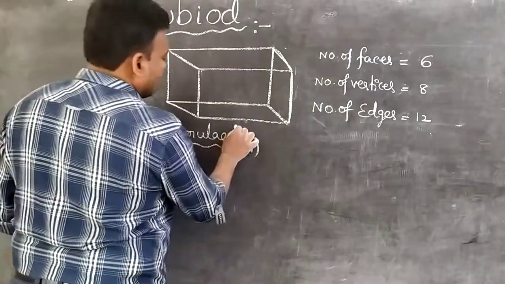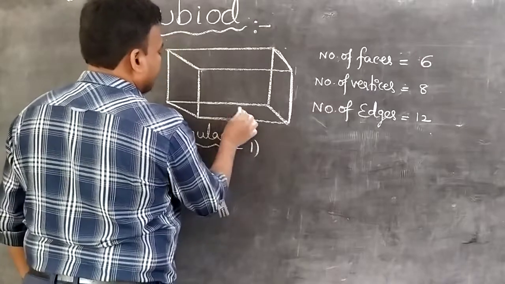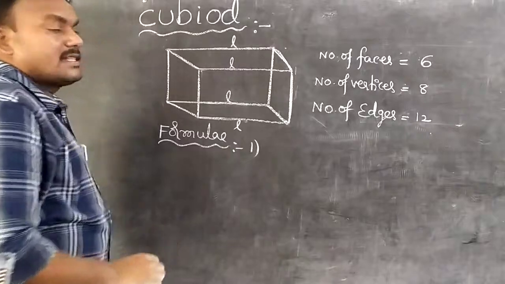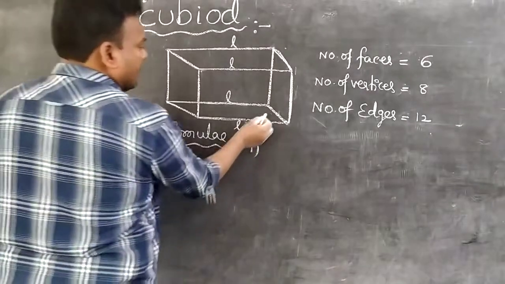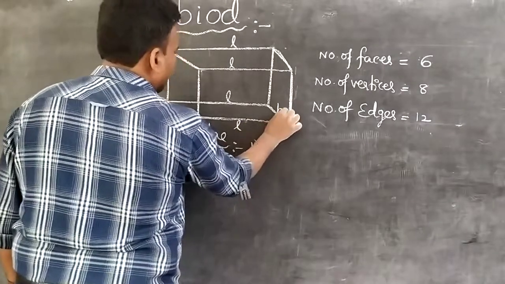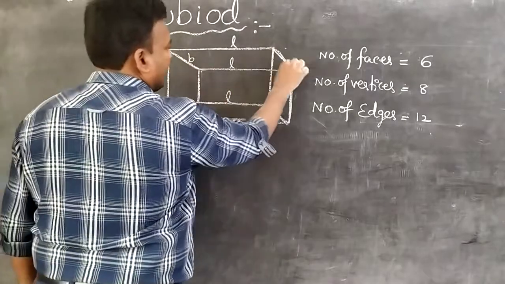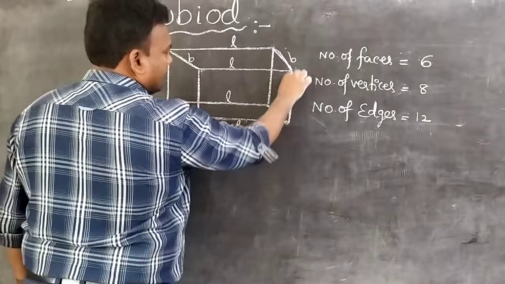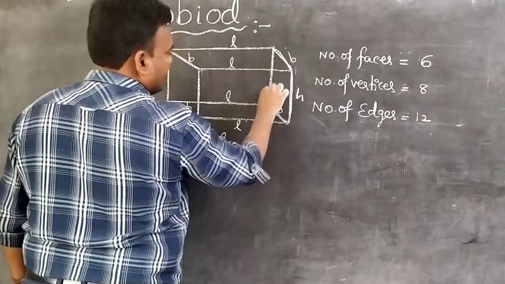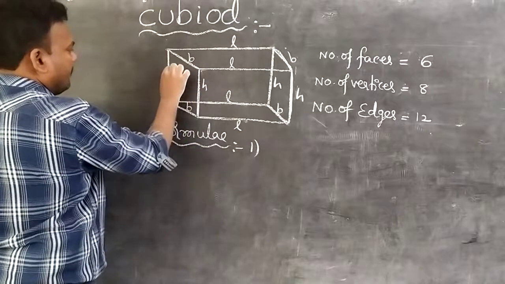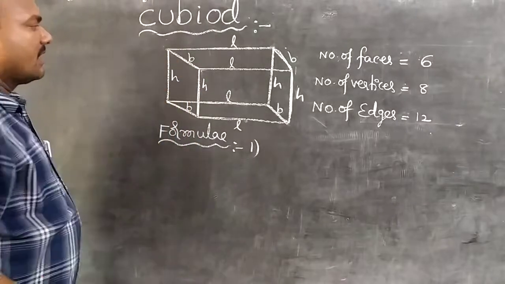This is the length. Here also length. This is also length. 4 L's are there. Next, breadth, observe students: 1, here also 2, 3, and also here 4. Next, this is the height edge. Here also 2. Next, here also 3. And here also 4. Now a clear idea.